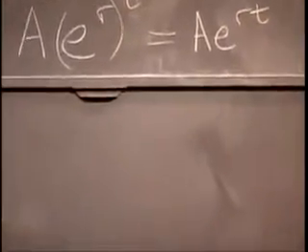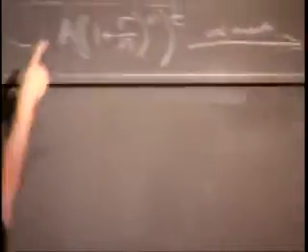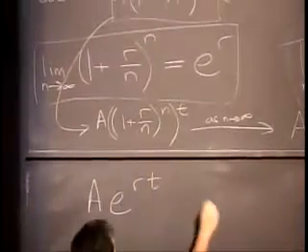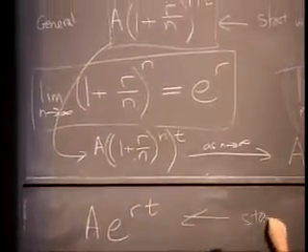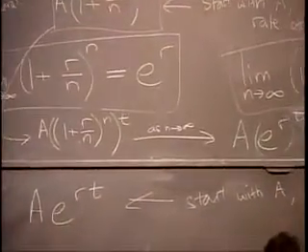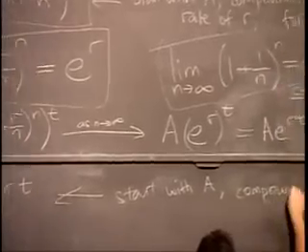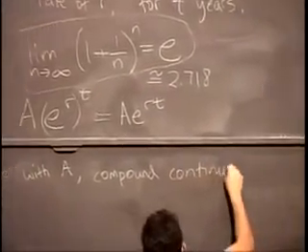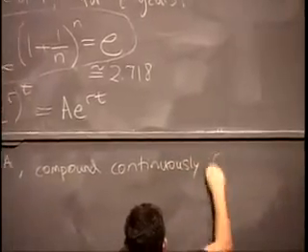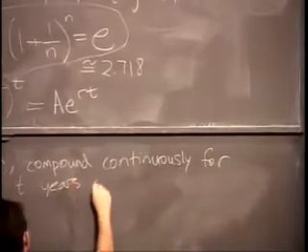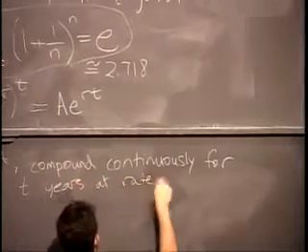So here's the deal. That formula there gets replaced by this. So this is: start with A, but you compound continuously, infinitely many times a year, for t years at a rate of r.